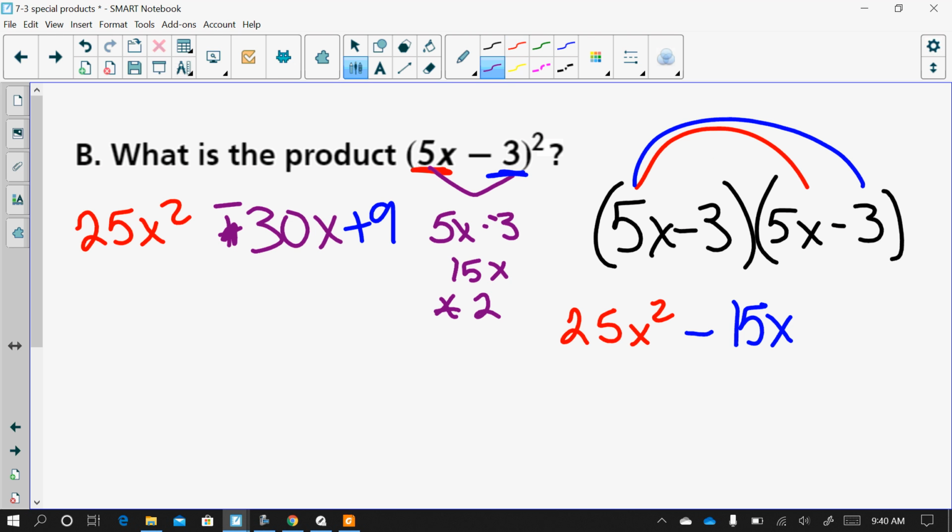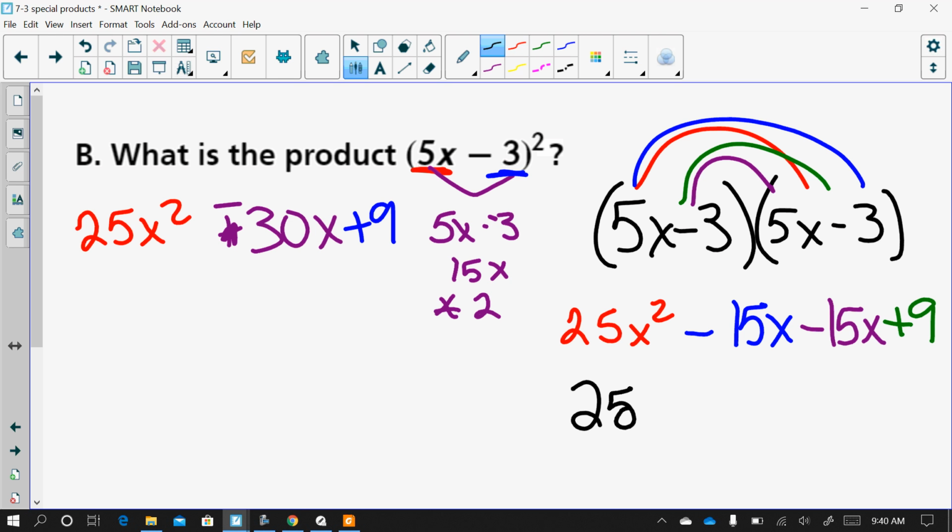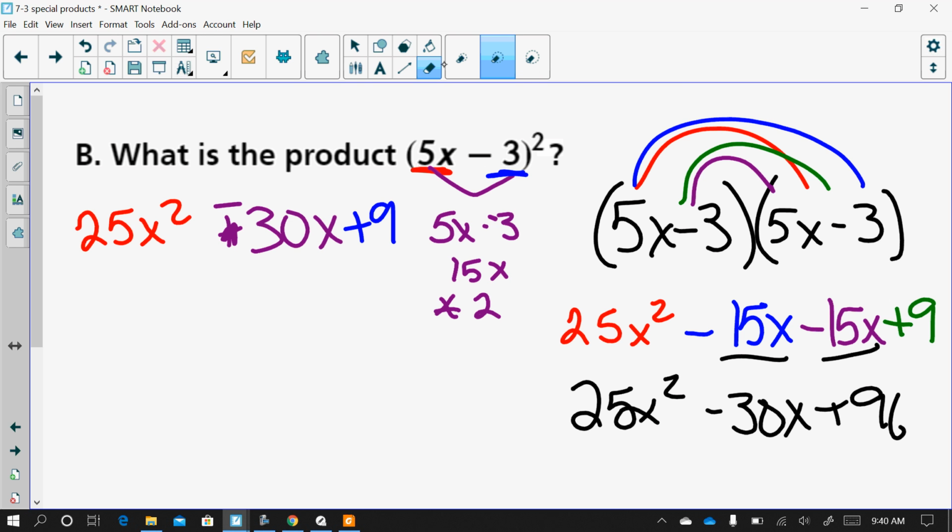Insides, again, negative 15x. And then lasts, negative 3 times negative 3, positive 9. Combine your like terms: negative 30x plus 9. So I don't care either way.